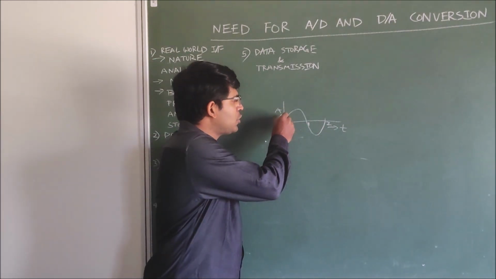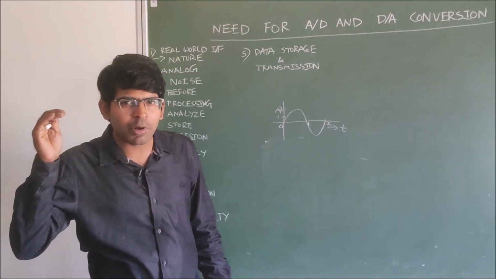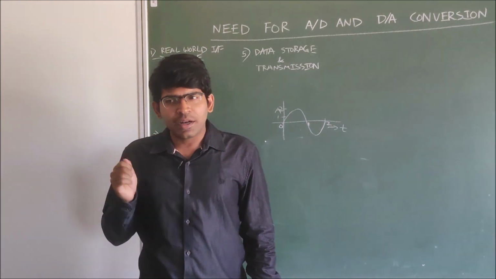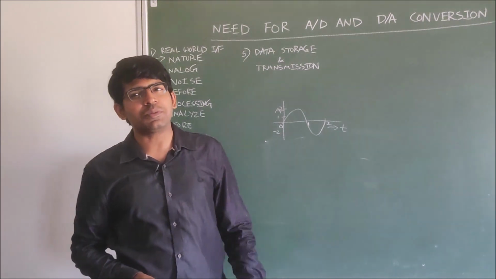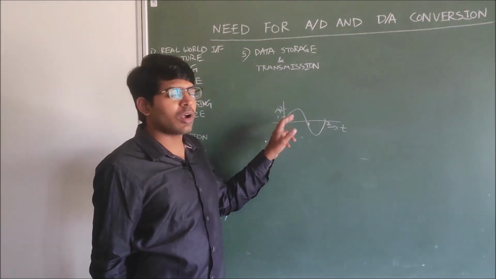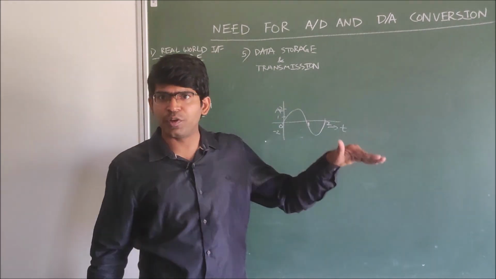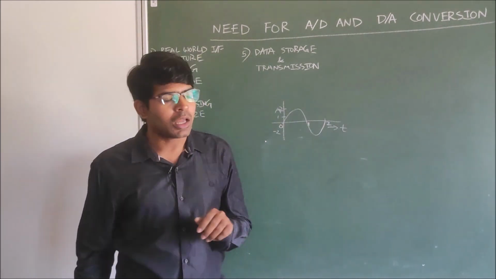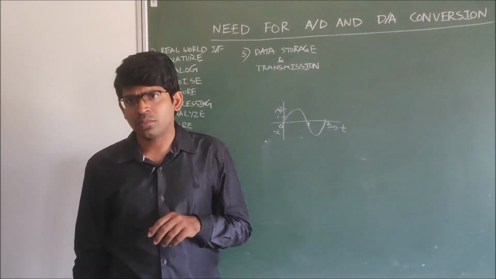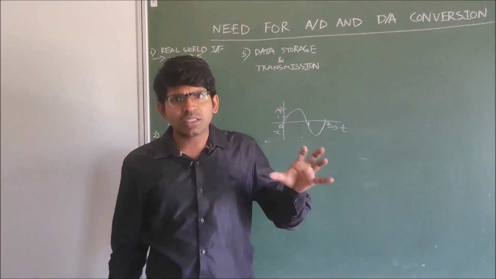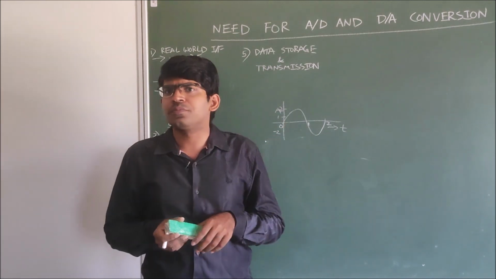And if I take the amplitude, the peak amplitude is 2 volts and the negative peak is minus 2 volts. But if I ask, between 0 and 1 volts, what are the different voltages we have? It is varying, infinite. Between 1 and 2, how many voltages are there? Infinite. So an infinite amount of information is required to store this signal.